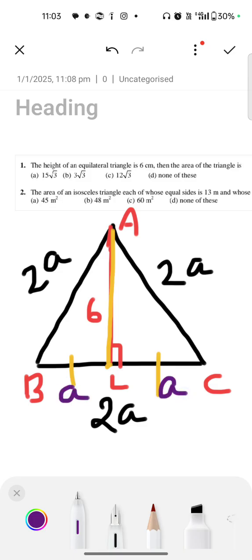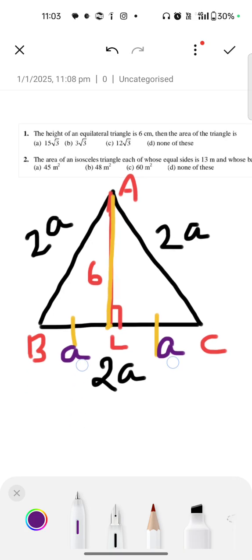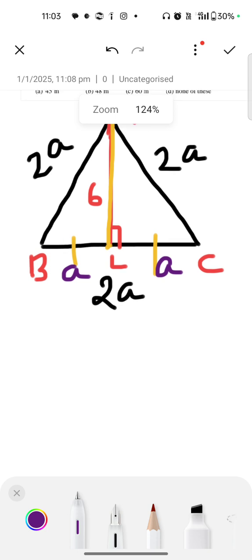Since it is a right angle triangle, we can apply the Pythagoras theorem. Hypotenuse square equals, hypotenuse is AC, because AC is opposite to this 90 degree angle.